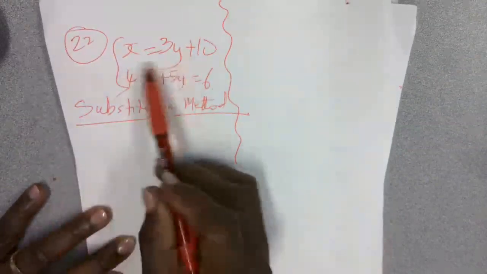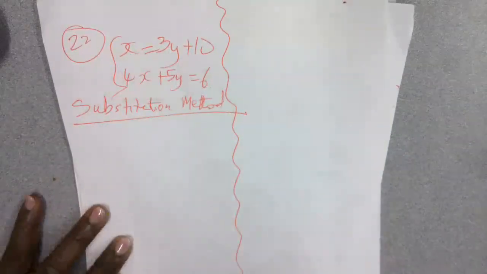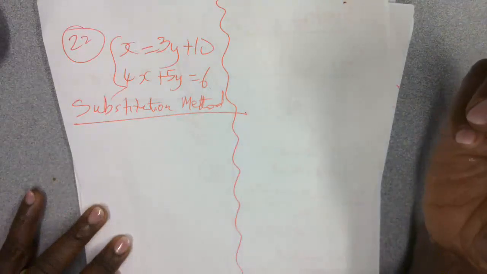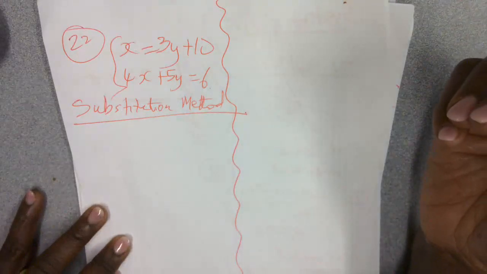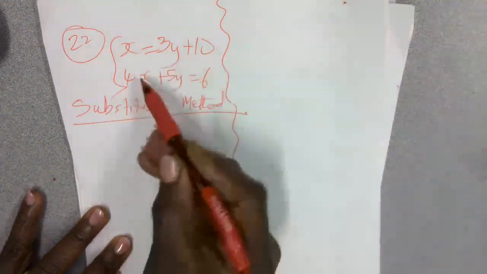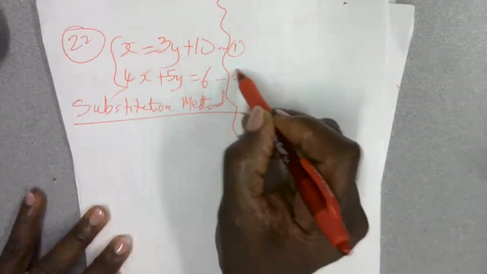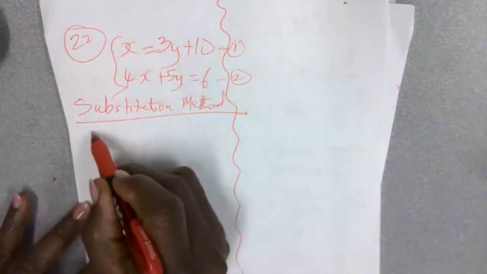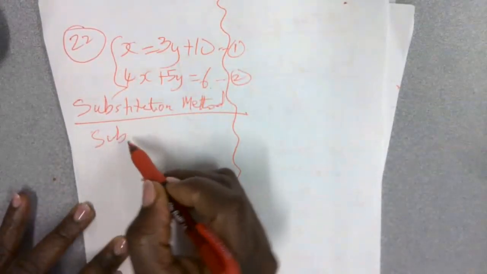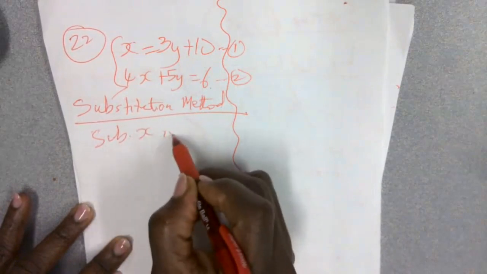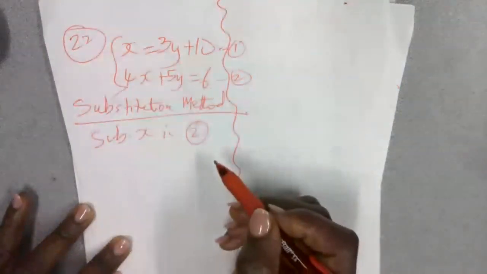I know the substitution method is going to be easier for me because one variable is already isolated. That's why I think it's going to be the easiest method. So let me substitute equation 1 in equation 2. Substitute x in equation 2.